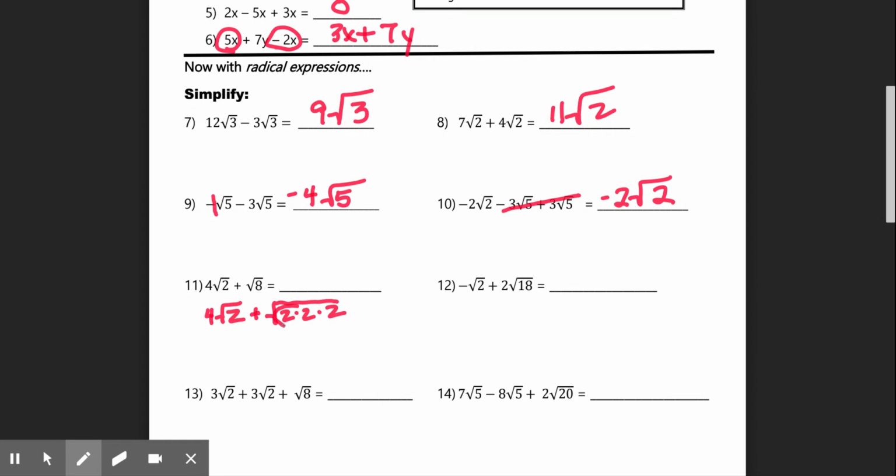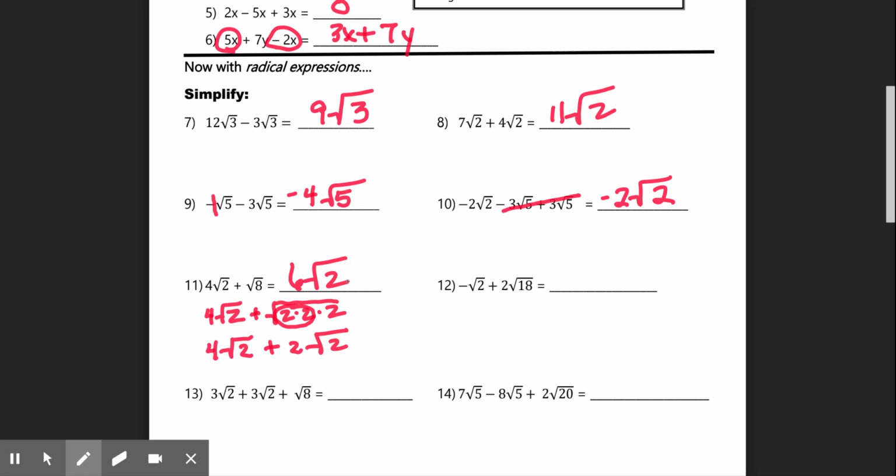And then what we're going to do is simplify this. So we're going to bring a 2 out. So this is going to look like 4 square roots of 2 plus 2 square roots of 2 because a 2 is what we have left over inside. So 4 plus 2 is 6 square roots of 2.